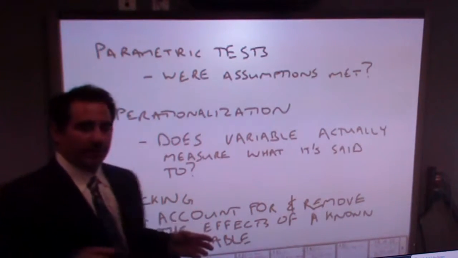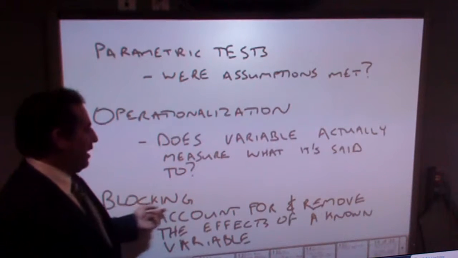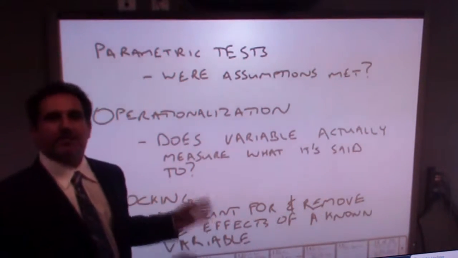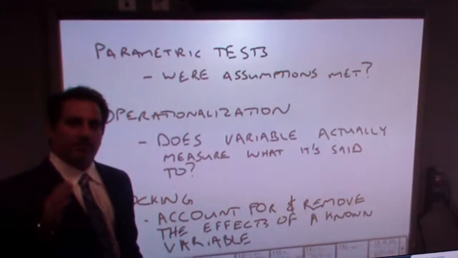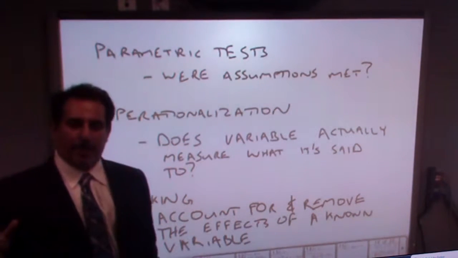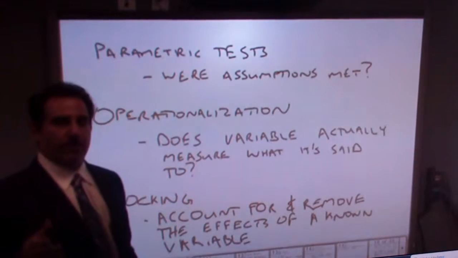So, for that example, one thing that the researcher could do is block on prior running experience, so that if a person answers a questionnaire, you say, do you run 3 or more miles per week for the last year? Have you run 3 or more miles per week for the last year?